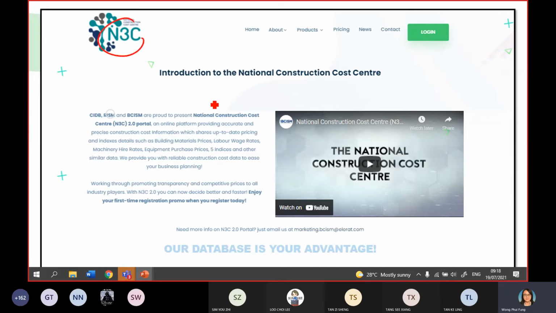N3C. N3C is the National Construction Cost Center, developed by CIDB. For this one, previously it was free. You could actually access most of the information, the build-up rate, the material cost, the labor cost, and download it for free.